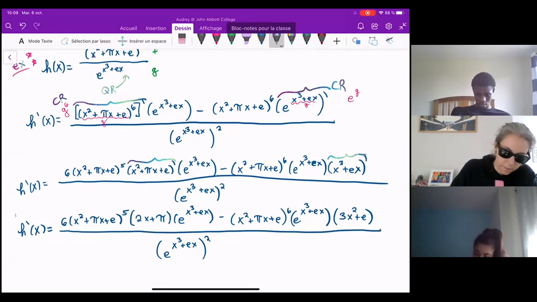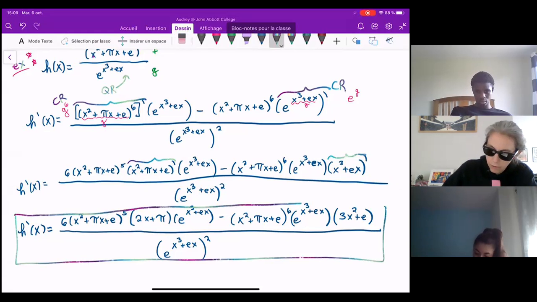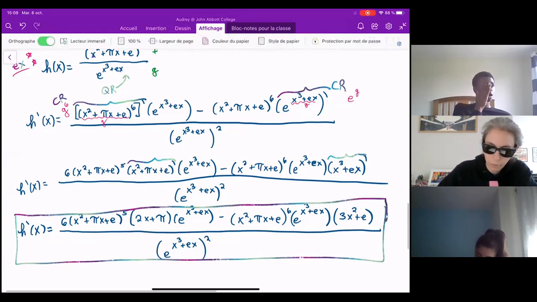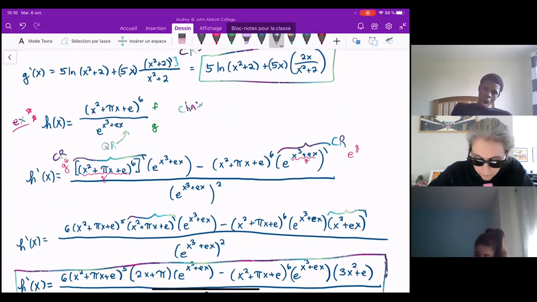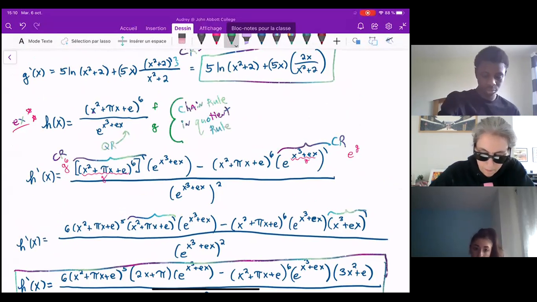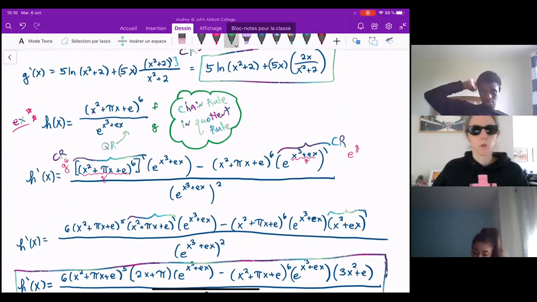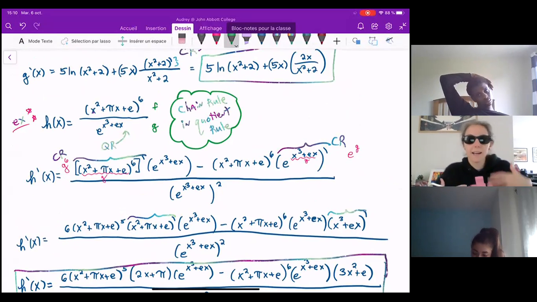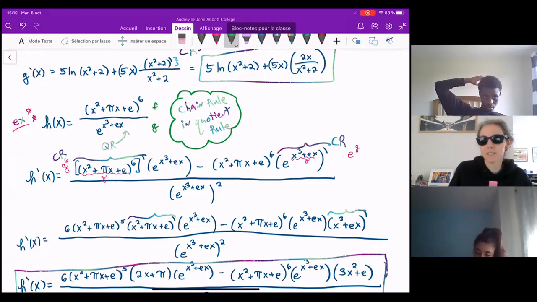So this one was a chain rule that happened inside of a quotient rule. So I started with my quotient rule, and inside I discovered, oh look, there's the chain rule. So fun, there were two of them.